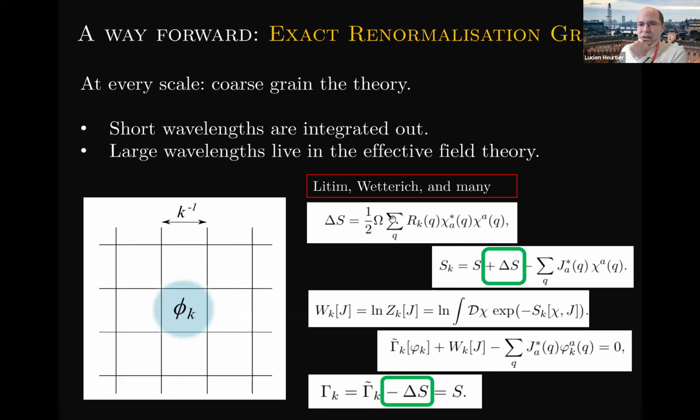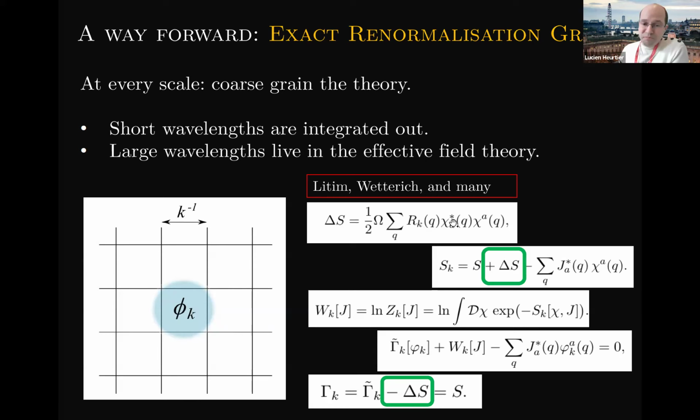So that's basically just a volume factor times a regulator times the field squared, which contributes to the propagation of your field. With this extra piece, which is now k dependent because it has the regulator in it, you define this sort of average action. At that point, it's not really average. It's just the action plus a classical piece, which is k dependent.